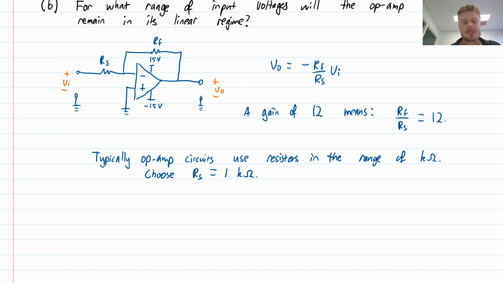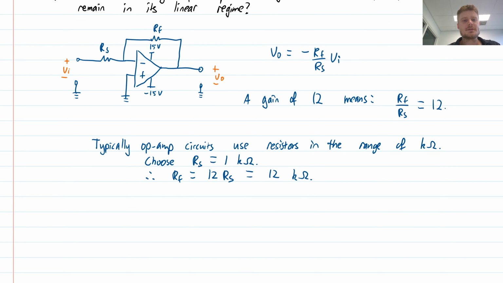It will still work, but it's kind of on the lower end of what would be viable. And so from our equation, we have RF is equal to 12 times RS, and so that feedback resistor should be 12 kilo ohms. So with these two resistors chosen, we've now actually designed our op-amp circuit.